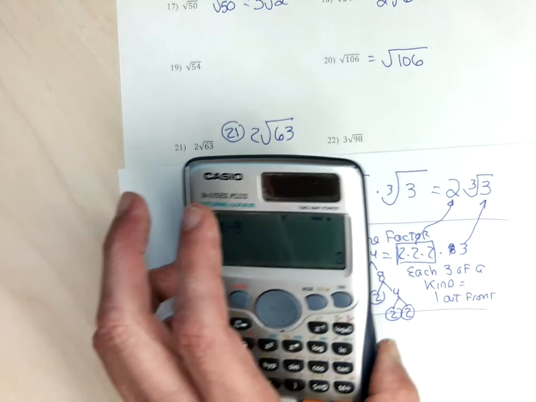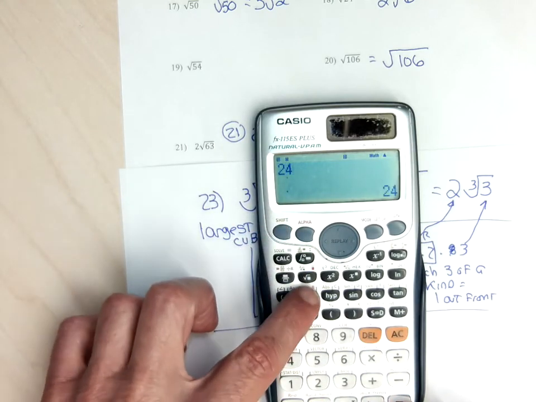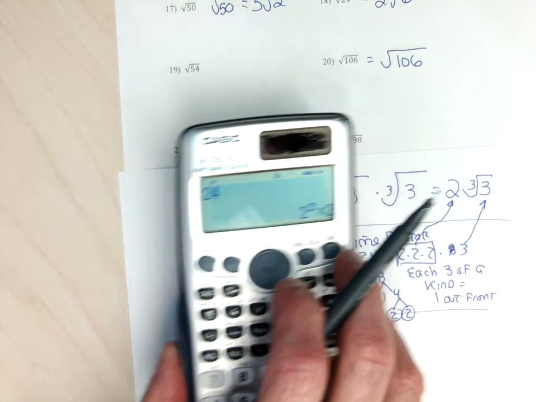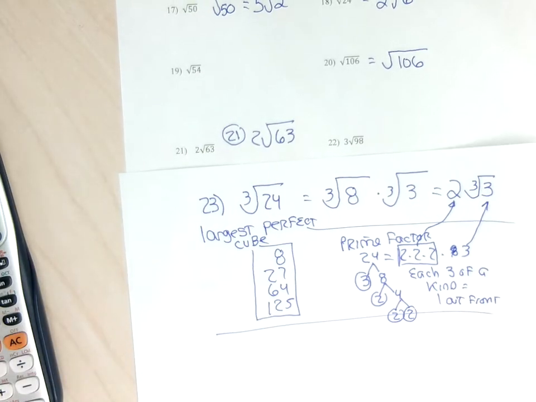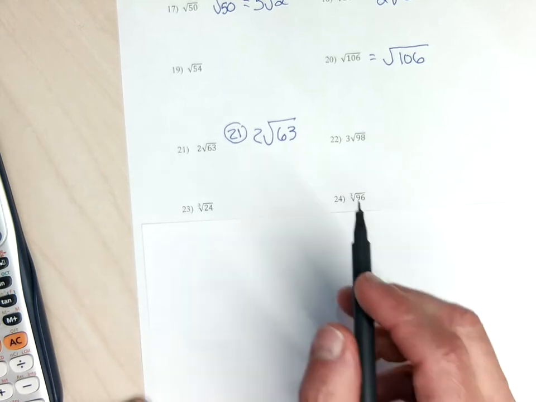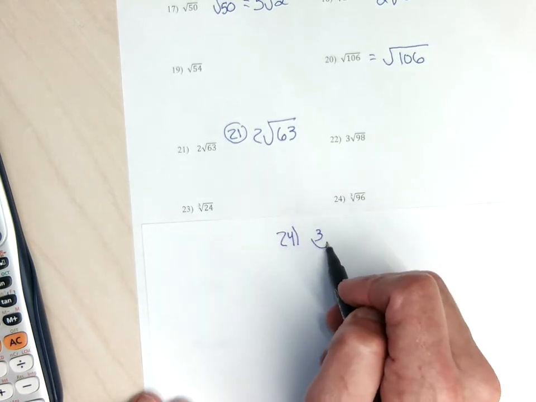Again, prime factor trees on this calculator, I just typed the number 24, hit equals, shift in quotes, says it's 2 times 2 times 2 times 3, because that's what 2 cubed is. For the cube root of 96, I just don't do cube roots well without prime factor trees.